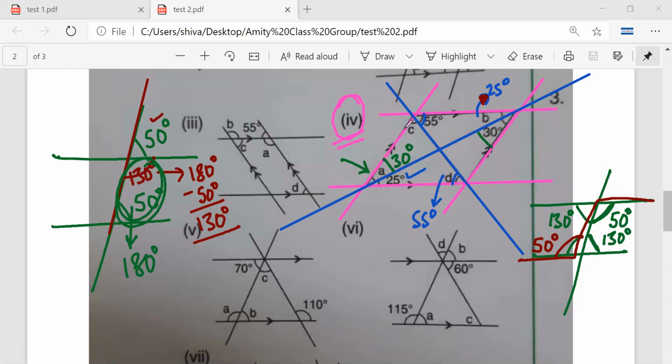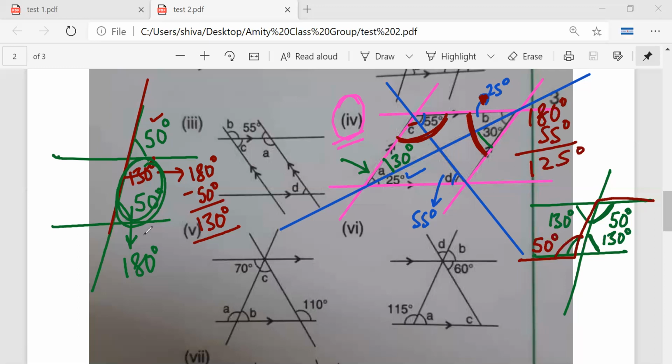Okay. So this angle would be, Mr. Satya, 55 degrees. See, whole of this angle is 55 degree. Have you understood? Yes, sir. Whole of this is 55. Therefore, whole of this should be 180 minus 55. How will it be 180?